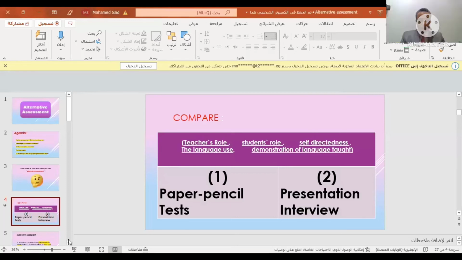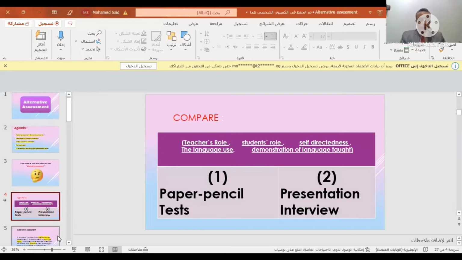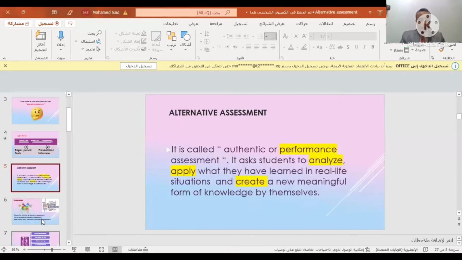Excellent. Okay, let's go to the next part, which is the definition. From what we have said now, from all your comments, the teacher's role in the paper pencil test, as we all said, may be a negative part. The students do not participate in their assessment, which is something not good.